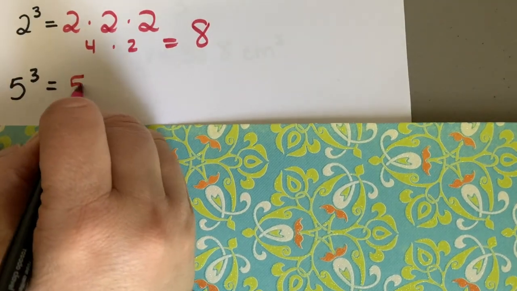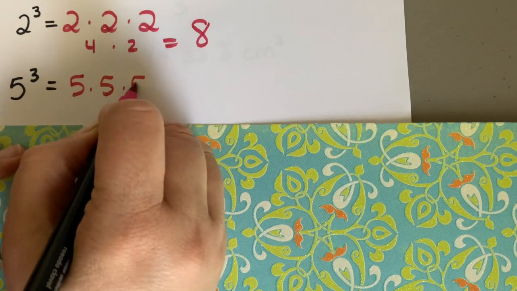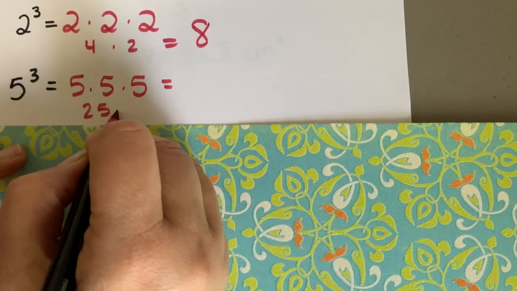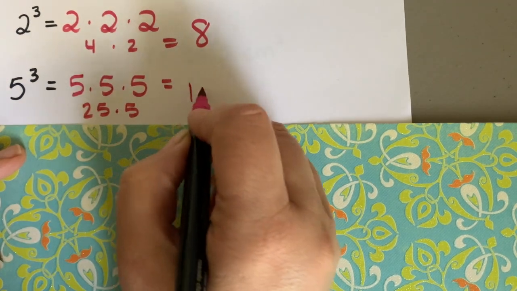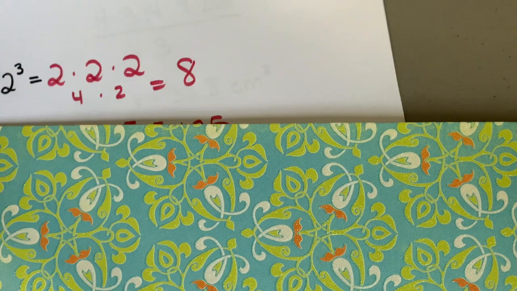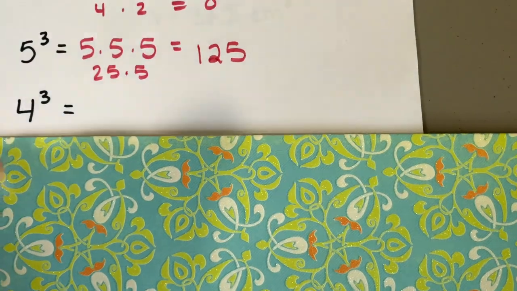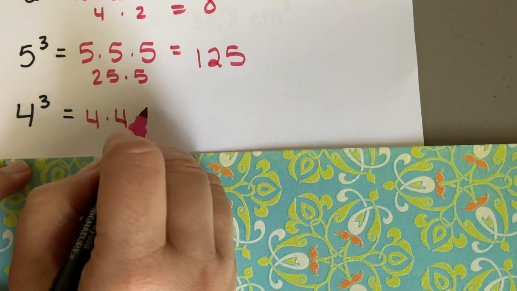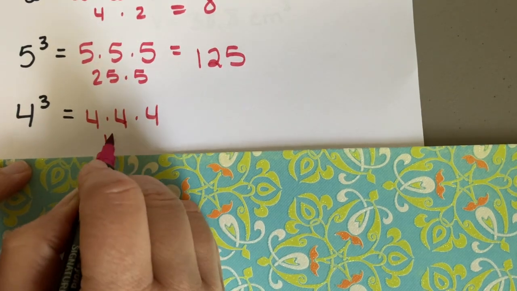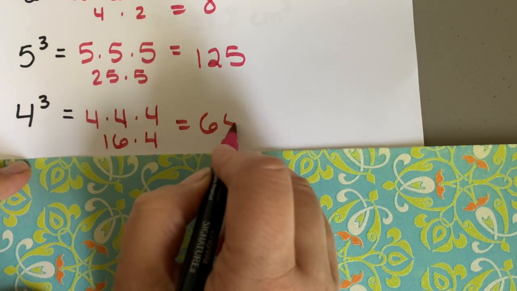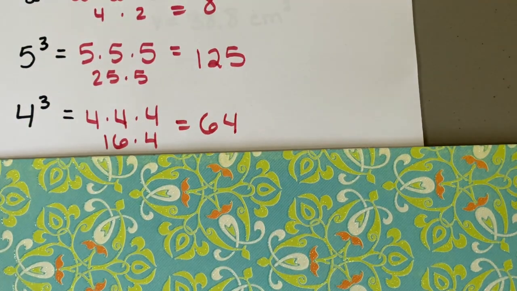Again, 5 times 5 times 5. 5 times 5 is 25. And then times 5 again is 125. And then last one is 4 to the third. Again, that would be 4 times 4 times 4. 4 times 4 is 16. Times 4 again would be 64. And again, use a calculator to help you with all of these formulas.